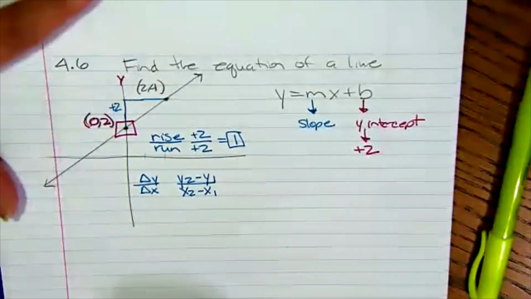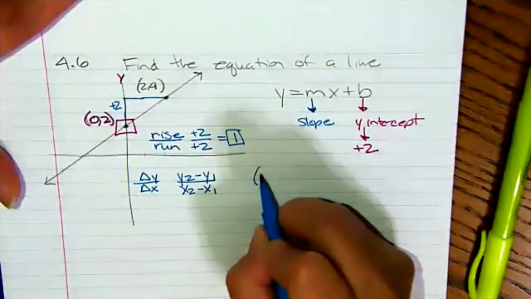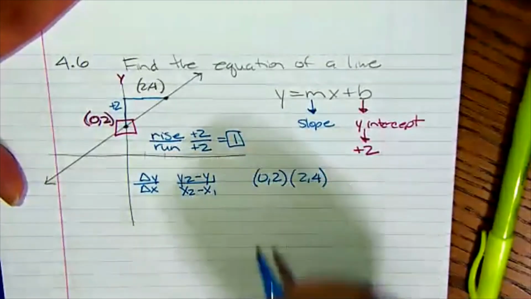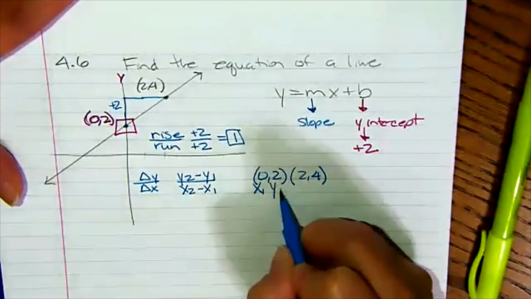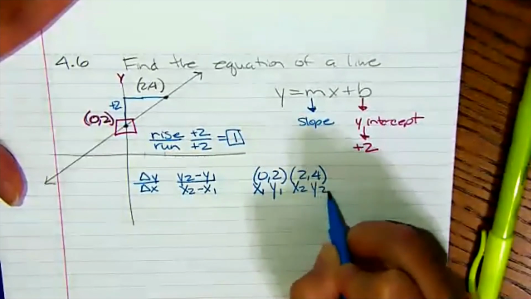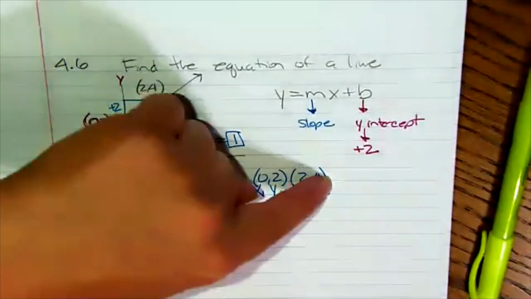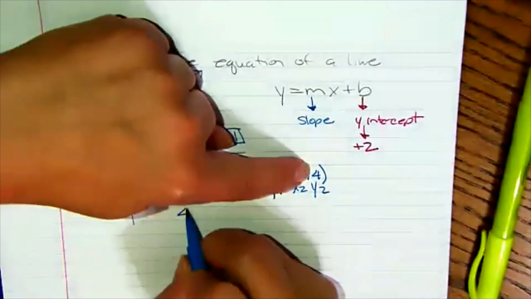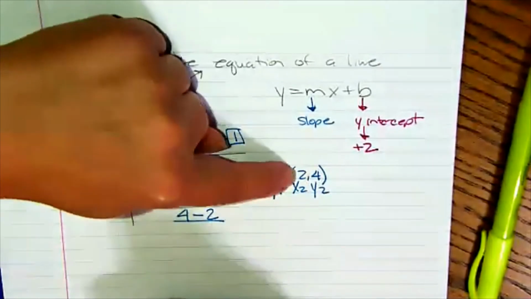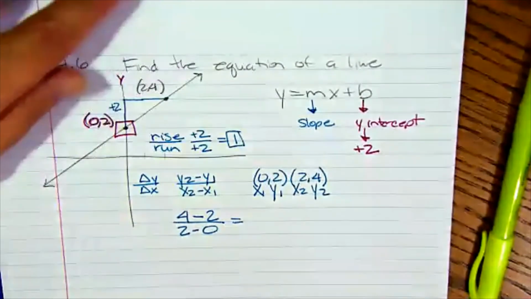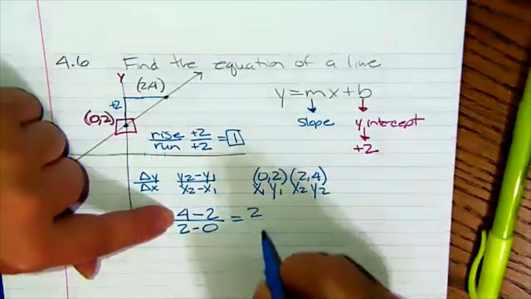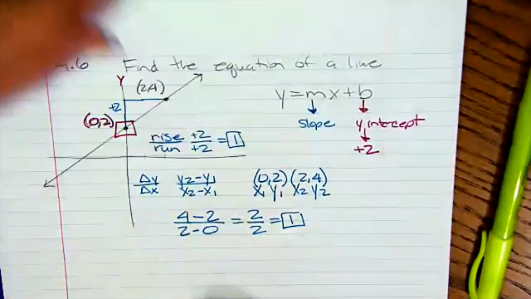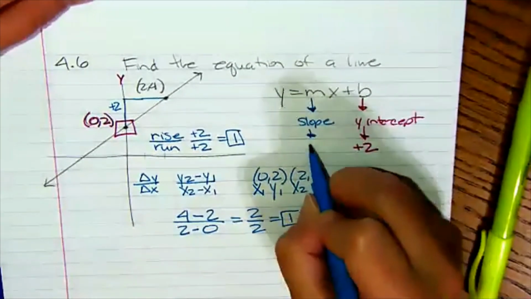And they've given us 2 points: 0, 2 and 2, 4. We can label them x1, y1, x2, y2, and then substitute these numbers into this formula. 4 minus 2 over 2 minus 0 equals 2 over 2 equals 1. So now we know that the slope is 1.